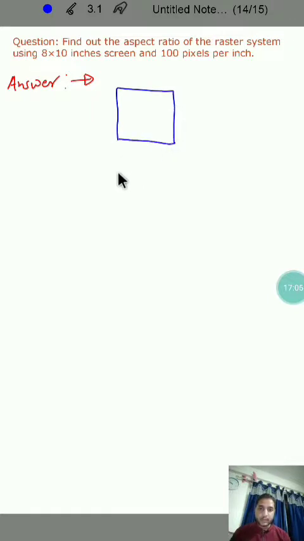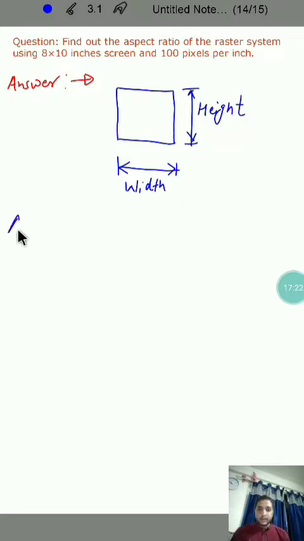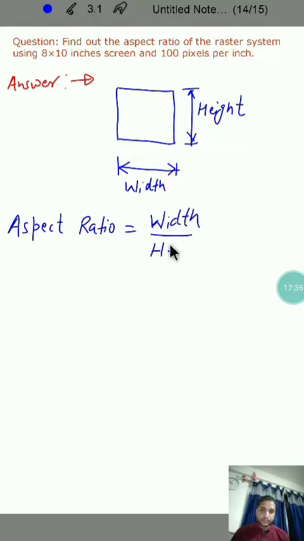In this computer screen, this is called the width, and this is the height of the computer screen. The formula for aspect ratio is width to height. Okay, the width to height ratio is called the aspect ratio.